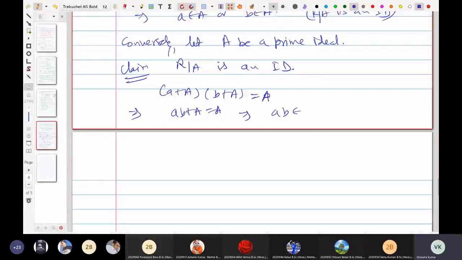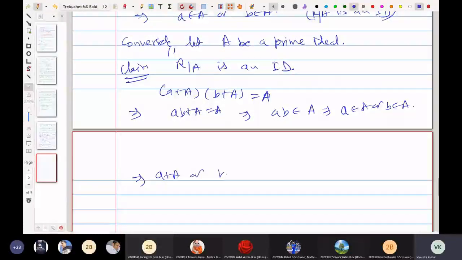This means that ab belongs to A, and therefore either a belongs to A or b belongs to A. So this means that either a + A or b + A is the zero element of R/A. This completes the proof of the result.